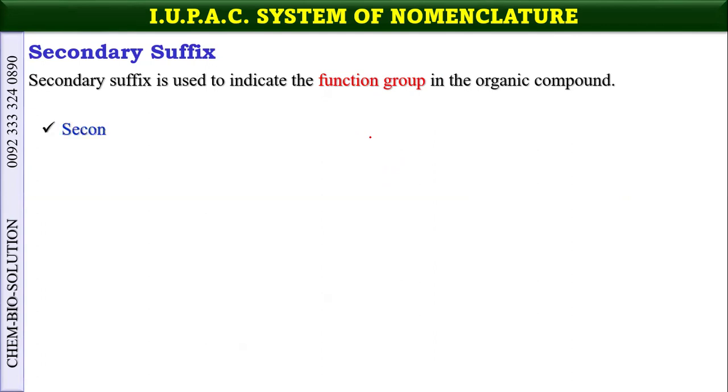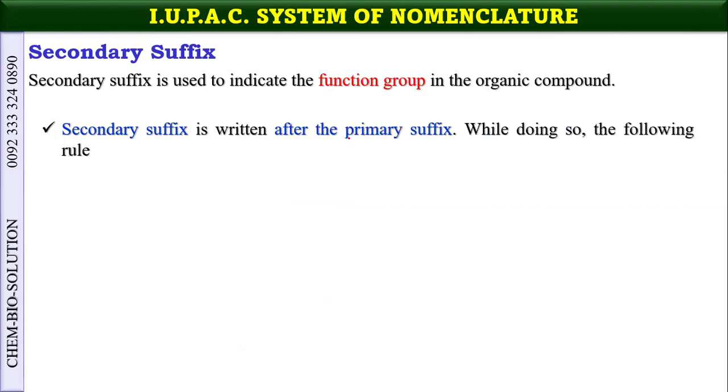So there are different functional groups. So the secondary suffix is written after the primary suffix. And you know the primary suffix is actually -an, -en, or -yn. These are the primary suffixes that we have studied in our previous class. And after removing this E, or sometimes we do not remove it, we will see the rule, we add the secondary suffix.